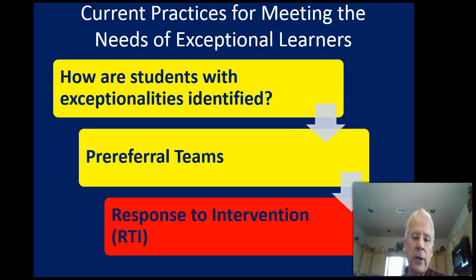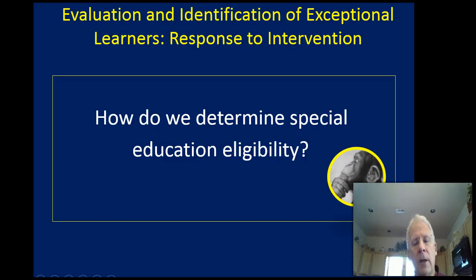Okay, so now we get to one of the big topics in Chapter 2. The first topic is response to intervention. The second topic is going to be IEP. Okay. So, how do we determine special education eligibility? In other words, what are the steps that we take before a student is placed into special ed?